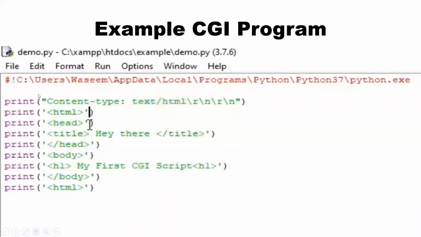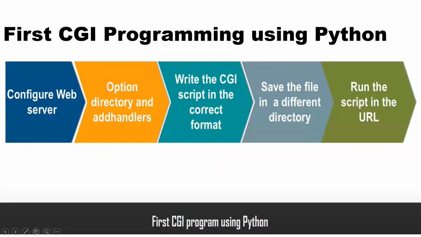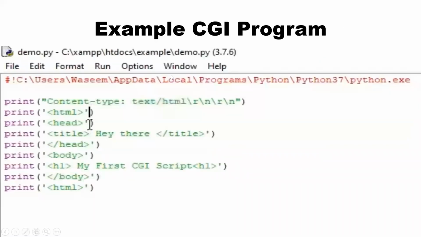This content type is redirecting this HTML page to the web browser from the web server. Next, print HTML, print header part and print title. Hey there, title, print header. The header part we start here and close here.